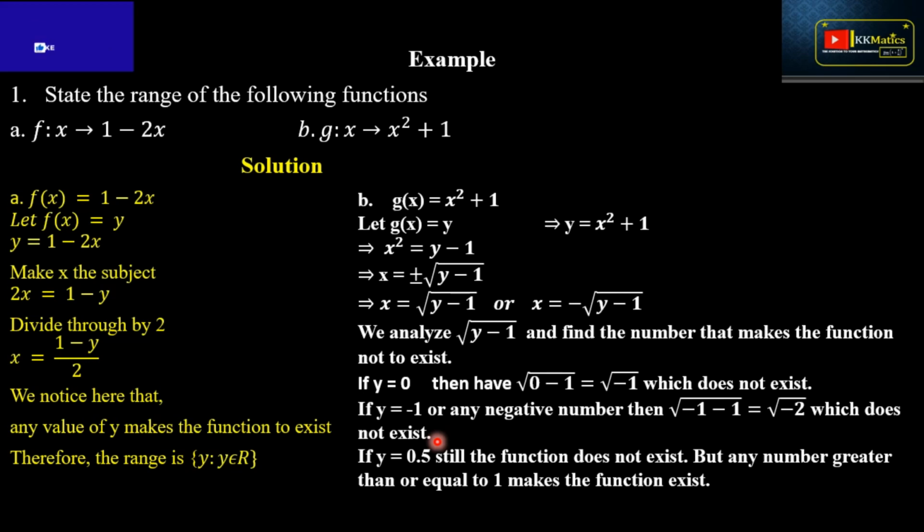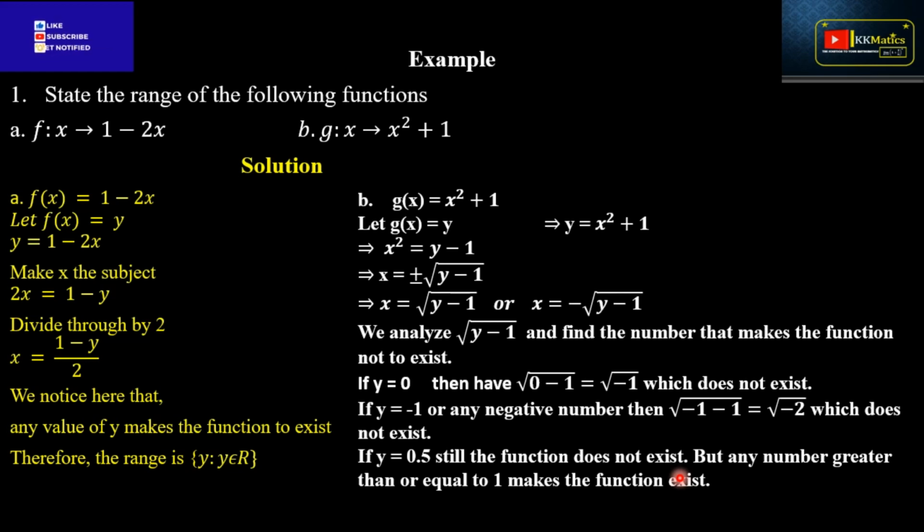If we try y equal to 0.5, still, we notice that the function does not exist right there. But any number greater than or equal to 1 makes the function exist.